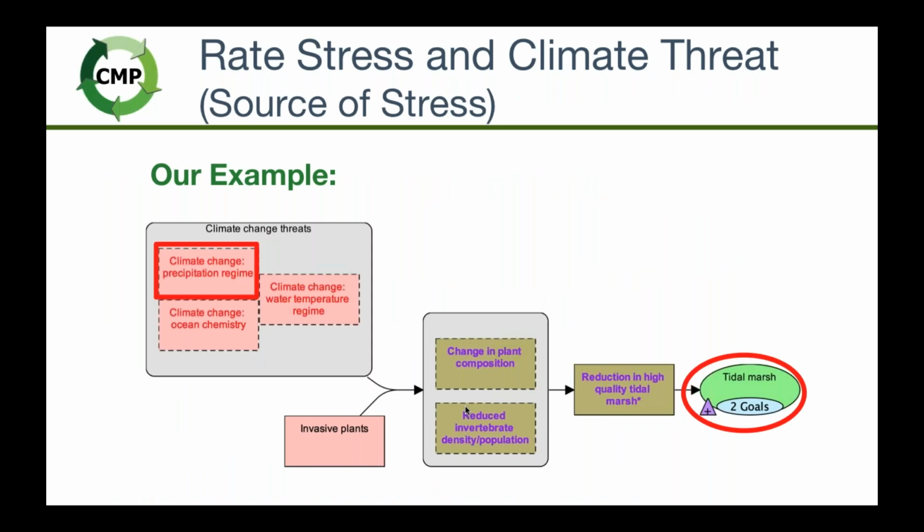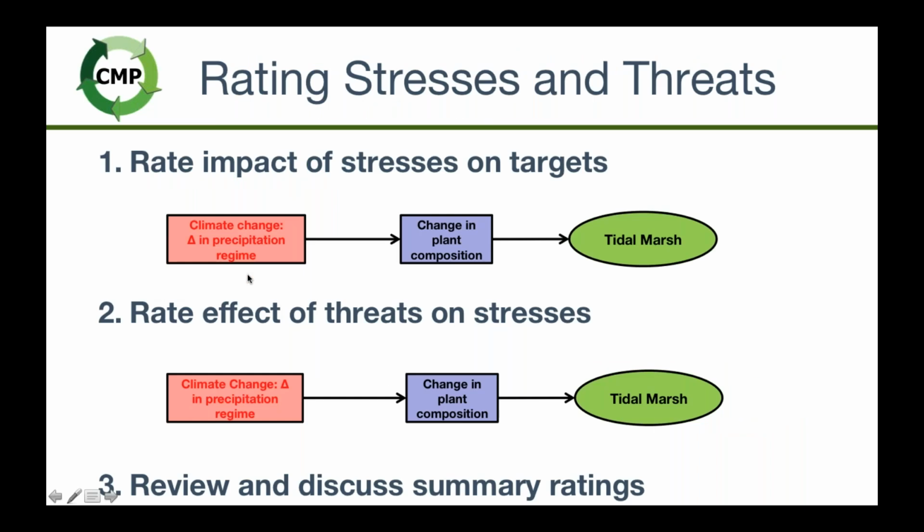So let's just look at an example of that. For tidal marshes, the stress we're going to look at is change in plant composition, and the climate threat is changes in the precipitation regime.